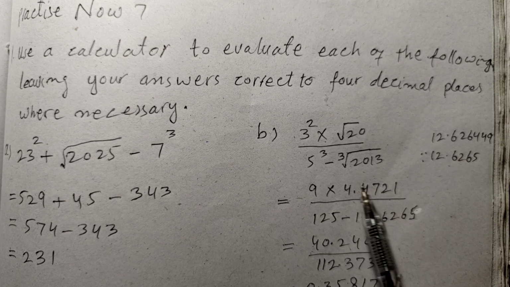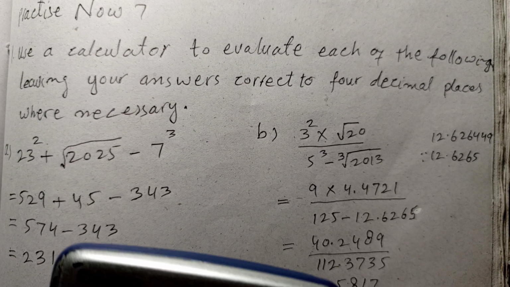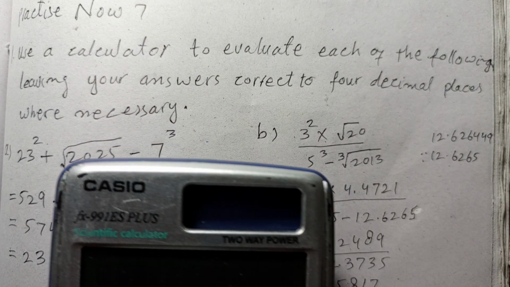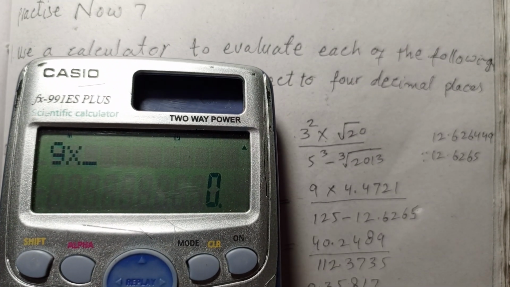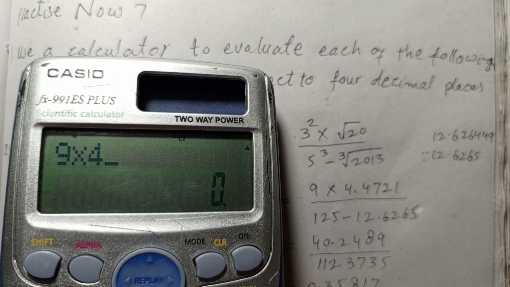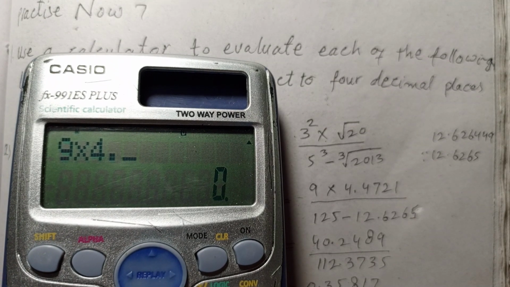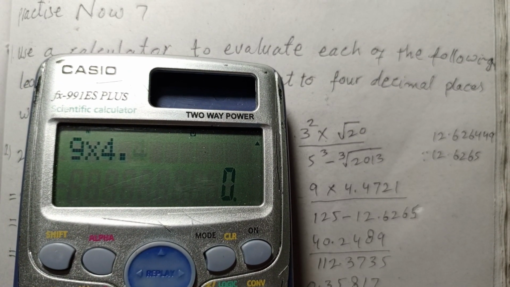Now you will multiply these two numbers with the help of the calculator. Let me show you. Write 9 multiplied by 4.4721.